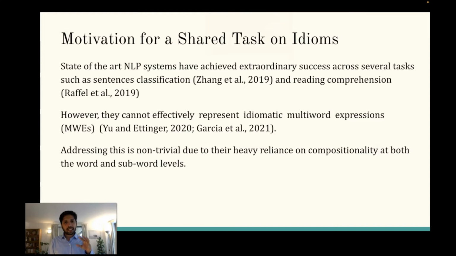This is particularly difficult because pre-trained language models use compositionality as a central way of stitching together words, and not just words, subwords, to generate sentence representations. As such, it is crucial that we find ways of representing multi-word expressions which are idiomatic and thus not compositional.